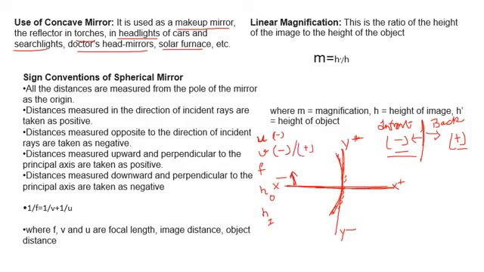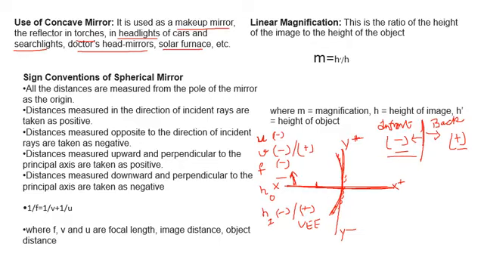The focal length is always in front of the mirror, so focal length is always negative in case of concave mirror. Height of an object is always positive. Height of the image can be negative or positive. Most of the time it is negative, but in only one case it is positive. If you remember the case where the object is placed between the focus and the pole. So this is all about the conventions.